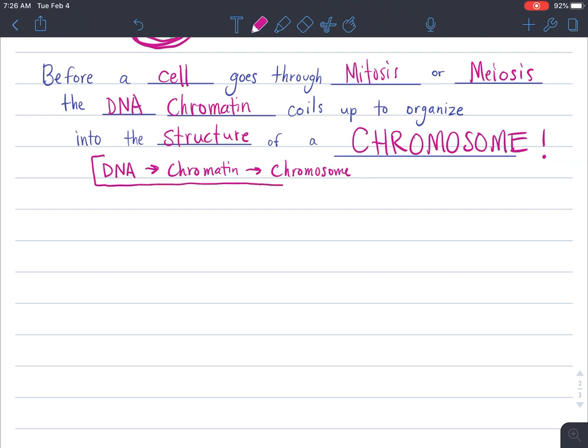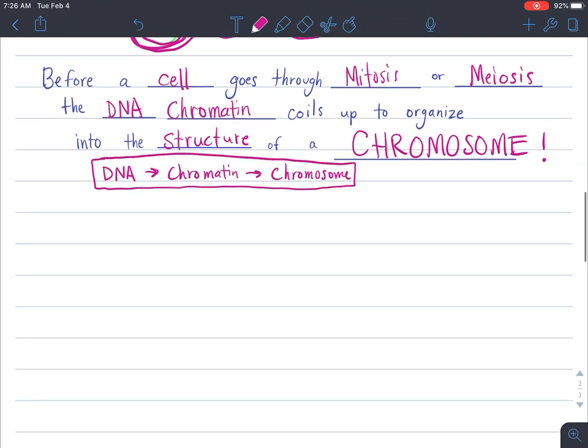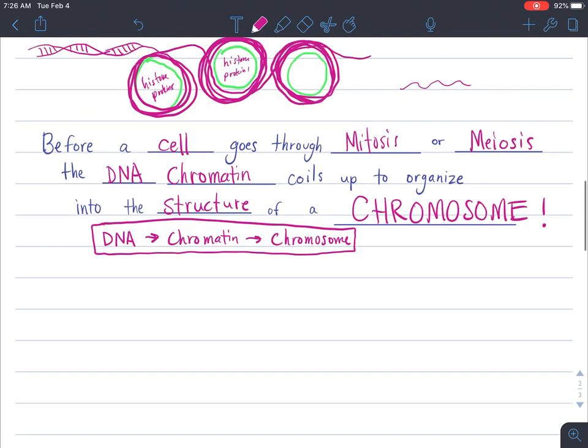Let me put a box around that to kind of separate it, but it is important to know how our vocabulary relates to one another. So as a reminder, mitosis is when our cells are going to either grow new cells or repair our tissues, and meiosis is used to make gametes. Remember egg and sperm?